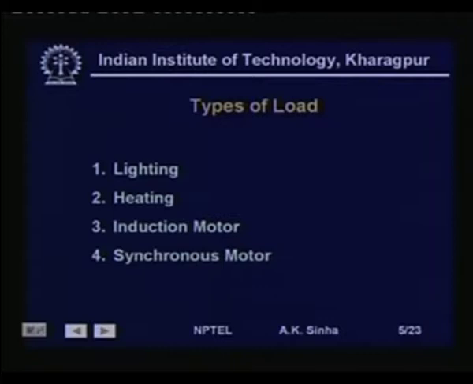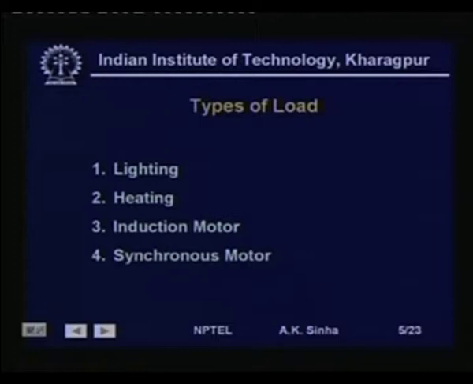Then we have fluorescent tubes or compact fluorescent lamps. We also use sodium vapor lamps or mercury vapor lamps. So, the lighting load consists of these kinds of lamps, and we will discuss the characteristics of these loads.